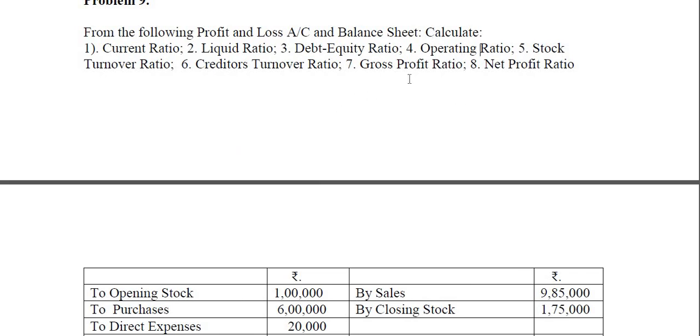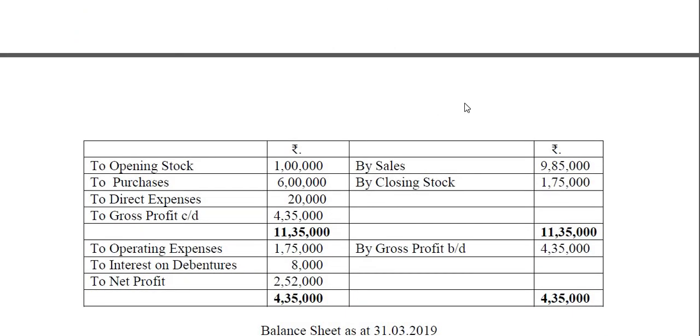operating ratio. Operating ratio is equal to cost of goods sold plus operating expenses divided by net sales into 100. So what is cost of goods sold? Cost of goods sold is equal to opening stock, add purchases, add direct expenses minus closing stock.